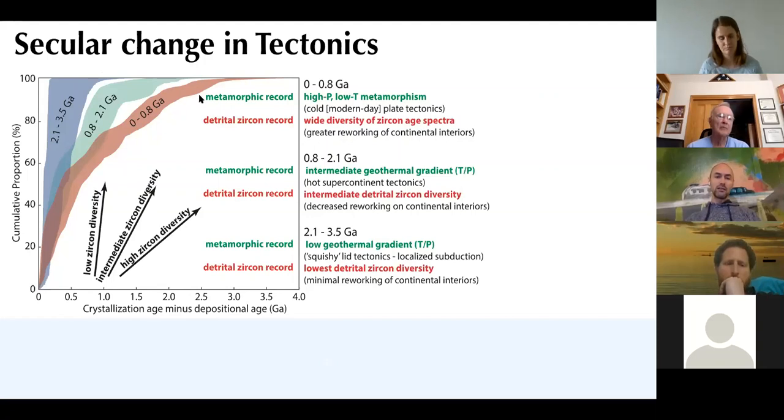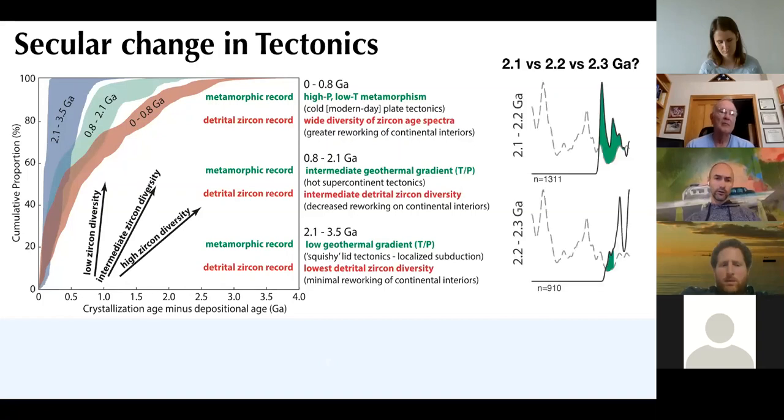So we're seeing these coupled changes in the sedimentary record, the detrital zircon record, and the metamorphic record.